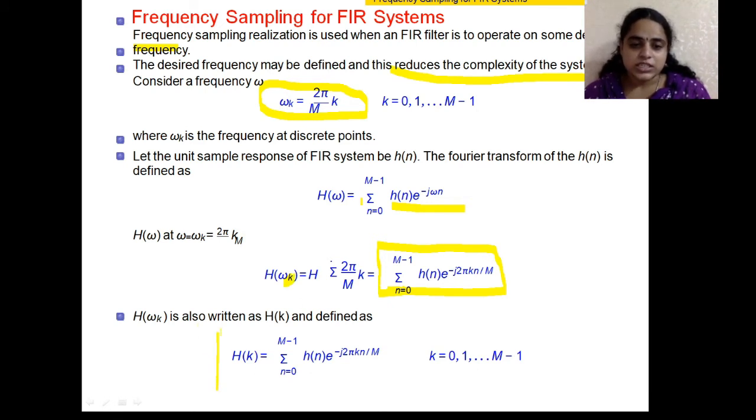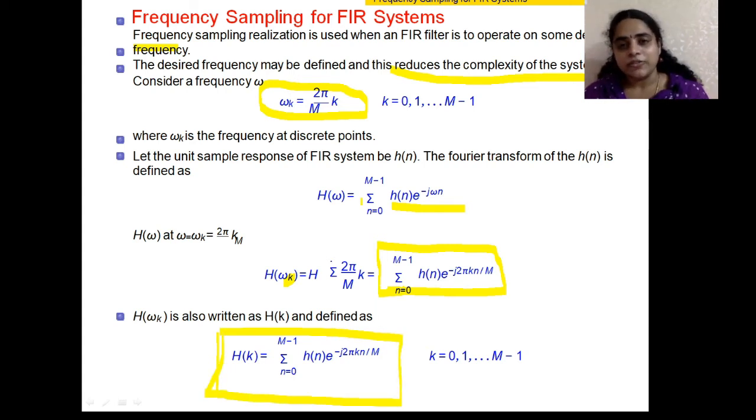This is the final equation, and if you observe, this equation is nothing but the DFT, discrete Fourier transform, of the sequence. H of k is equal to summation n equal to 0 to M minus 1, h of n into e power minus j 2 pi n k by capital M. This is DFT of length capital M.